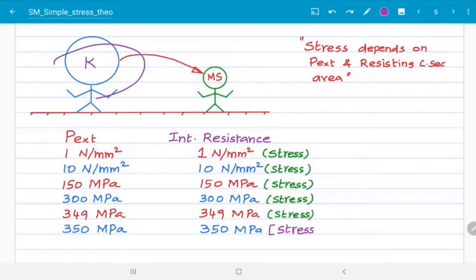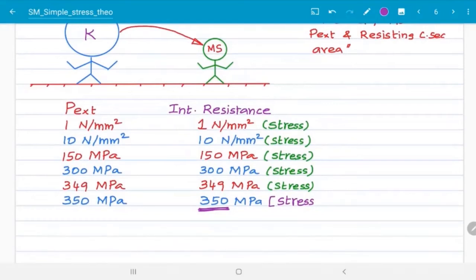So whether I am applying the load or Korean is applying the load, the failure value is 350 only. So strength is a fixed value. Strength is a material property, a fixed value for a particular material. Next information: this 350, we are giving another name, strength. So what is happening at 350?